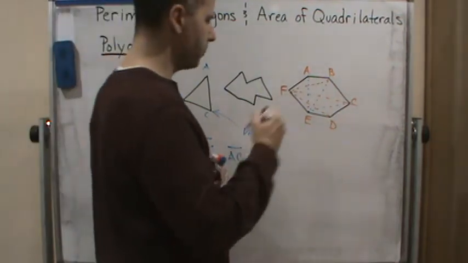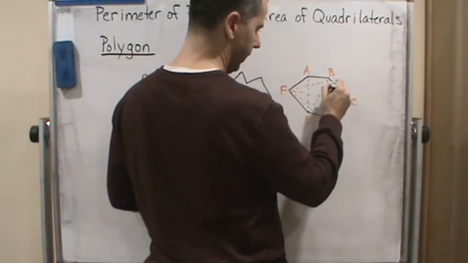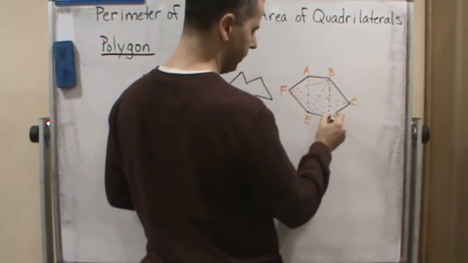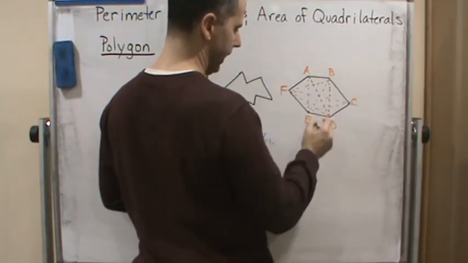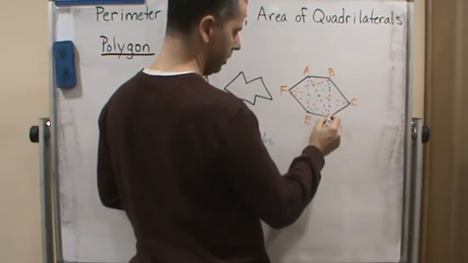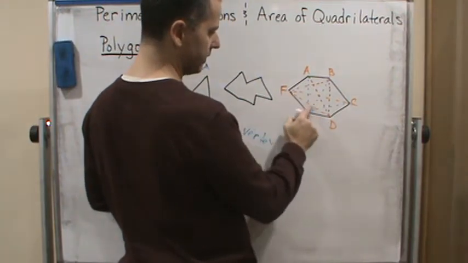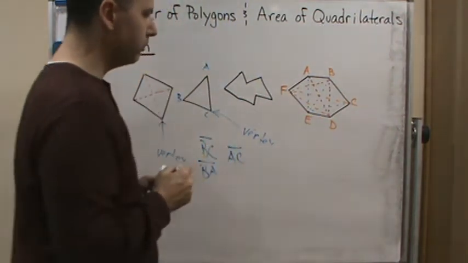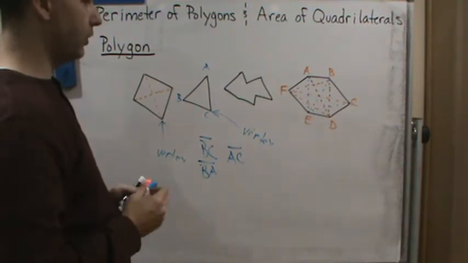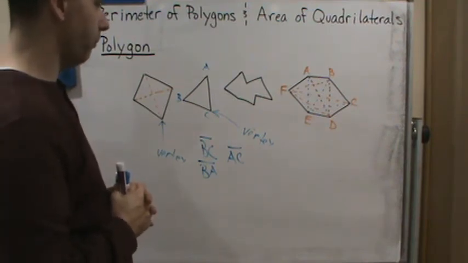What if I draw from D? I can draw a diagonal here, from D to B, from D to A, and from D to F, but then I trace over the same line. Okay, so I don't want to count that one twice, because that's the same diagonal.